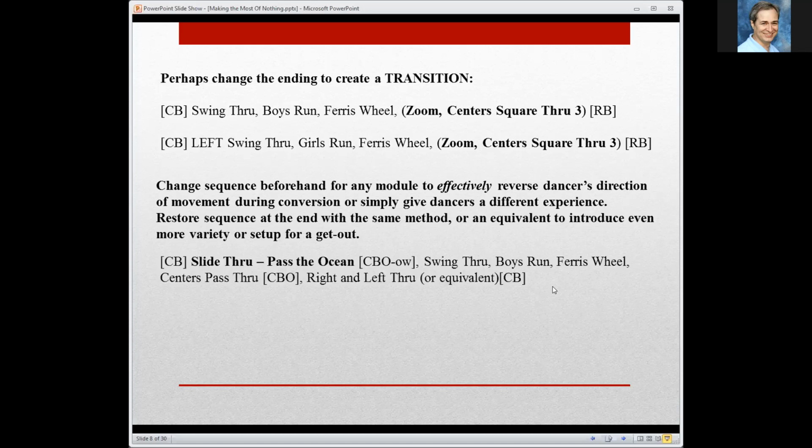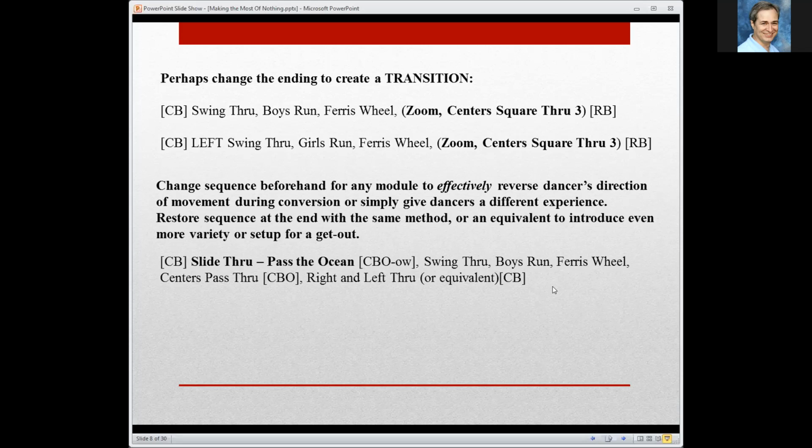So for instance, this one, slide through, past the ocean. So now we're in a corner box out of sequence, but it's an ocean wave. Then swing through, boys run, Ferris wheel, centers pass through. That's our corner box out of sequence again, and a right and left through restores it.